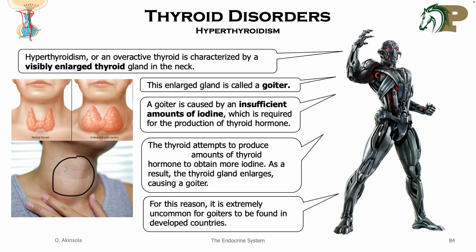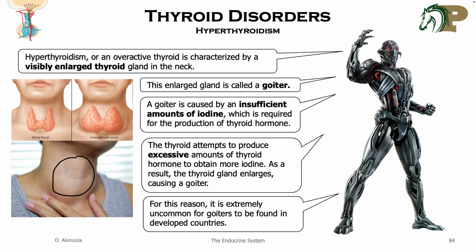What the thyroid will attempt to do is produce excessive amounts of thyroid hormone to obtain more iodine. The thyroid doesn't know that there's no iodine present, so it's going to keep churning out thyroid hormone. And as a result of that increased activity by the thyroid, you get the goiter. Okay?